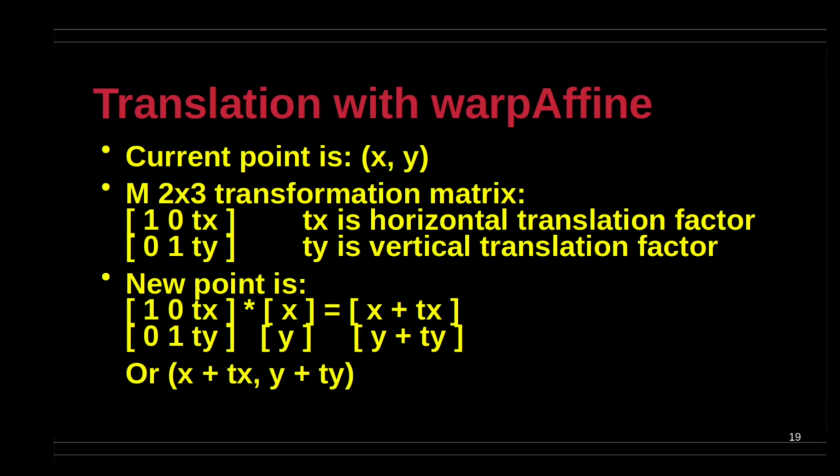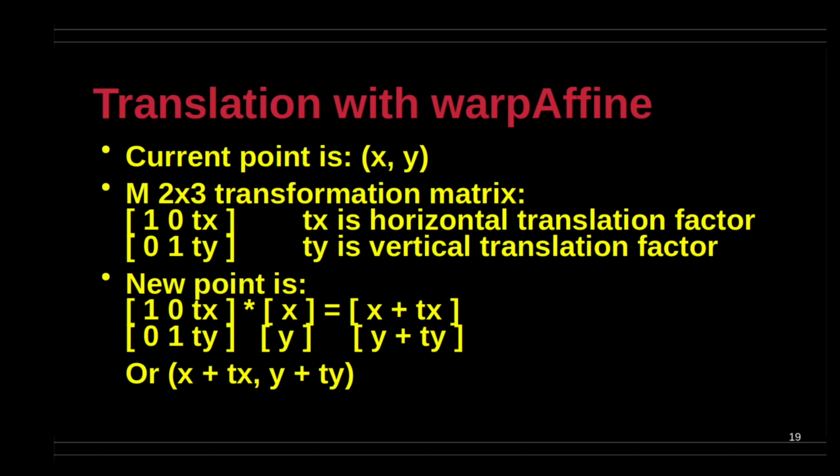The translation in x and y are tx and ty respectively. To represent points in 2D space for use in matrix multiplication, we use homogeneous coordinates. This involves adding a third coordinate, usually 1, to each point.